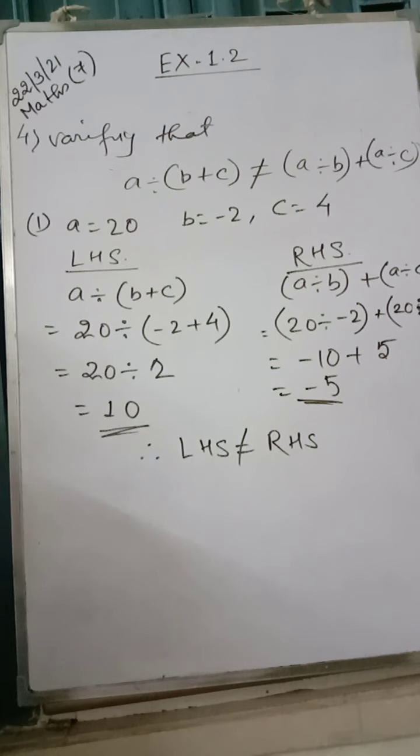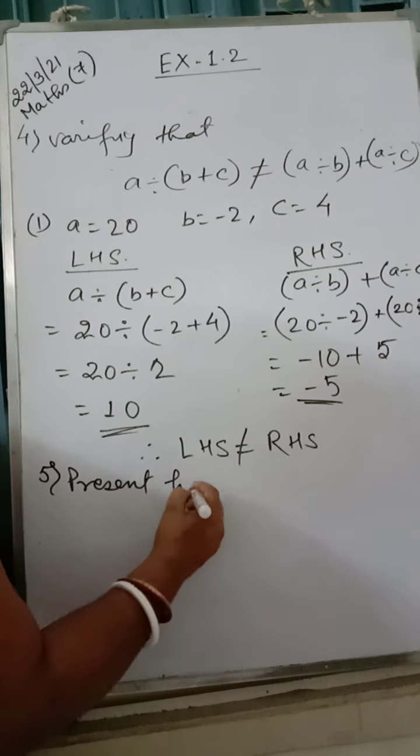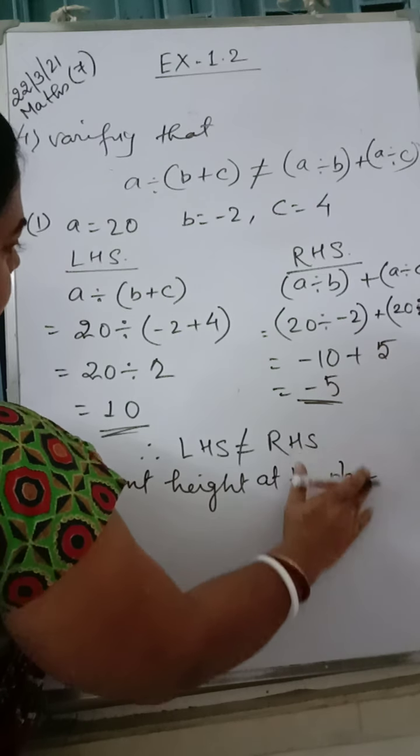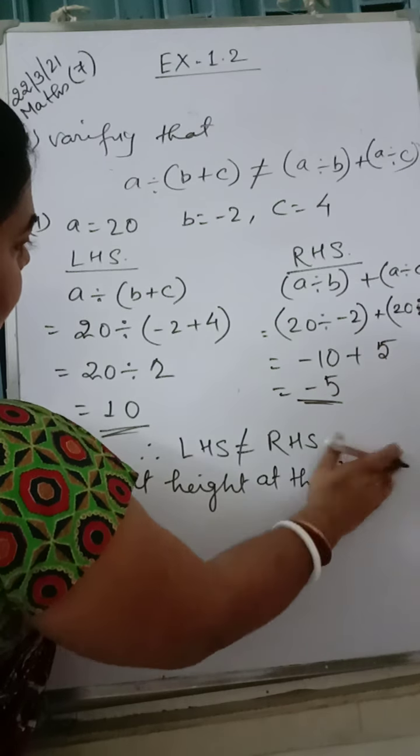Then you have certain word sums. The first one is saying an aeroplane was flying at a height of 1800 meter. If it descends at a constant rate of 60 meter per minute, how long will it take to descend to a height of 300 meter? Now the present height of the plane is 1800 meter.